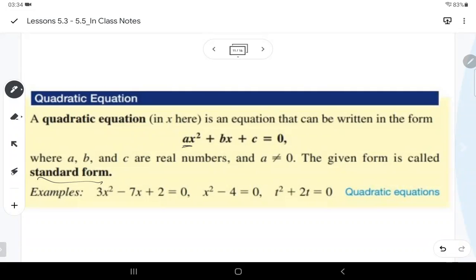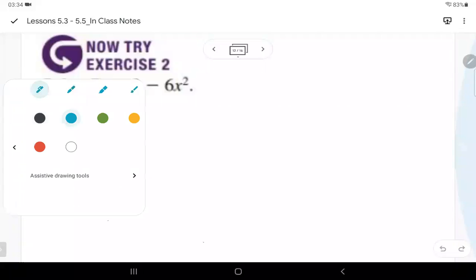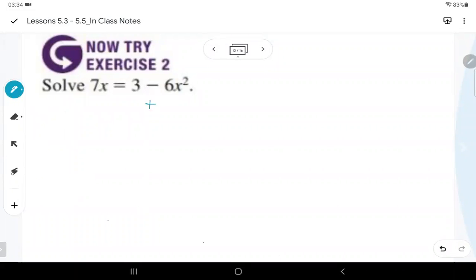Some of you had asked in class, can we have the negative in the front? You can, I would just not recommend it. If you can rewrite it so that the x squared, or whatever variable squared, is positive, I would absolutely go with that option.